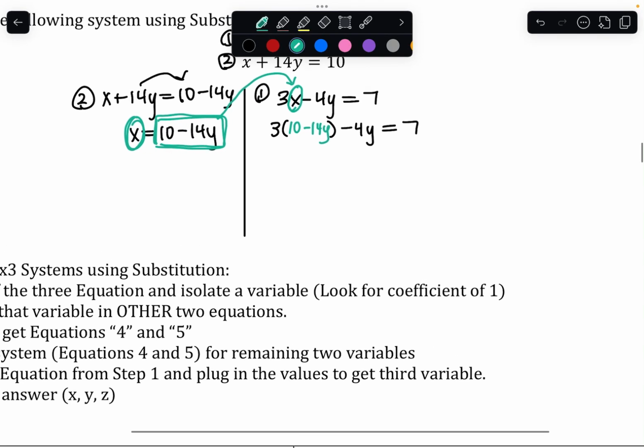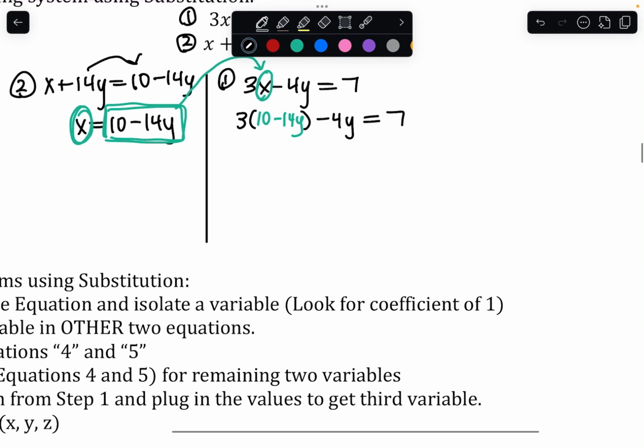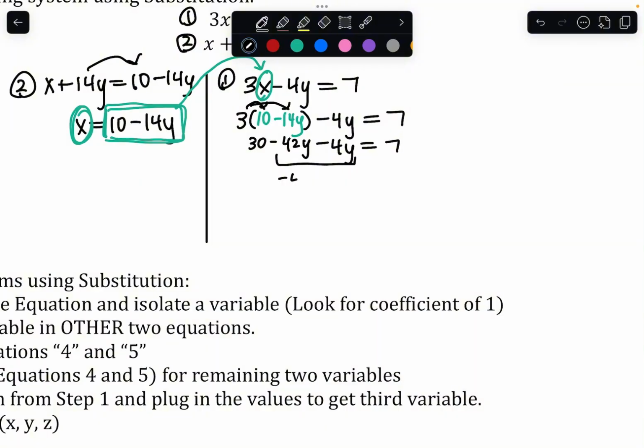Okay, and so from there we have an equation that only involves y's, and so we can solve for y by first distributing, combining our like terms. Negative 42 and negative 4 is negative 46.